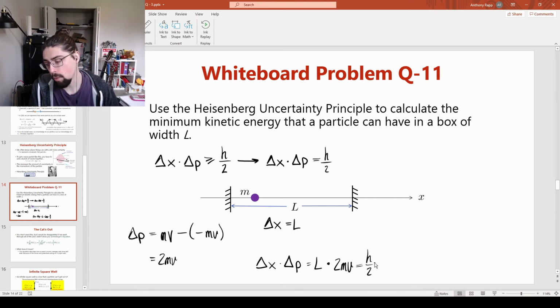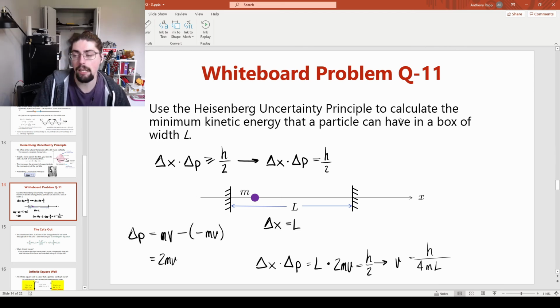We're solving for what v is actually supposed to be in this case, so what I would find is that v is equal to h divided by 4mL. Now the last thing that I need to do is say, okay, well this is supposed to be kinetic energy, isn't it? 1/2 mv squared. Go ahead and plug in some of these quantities.